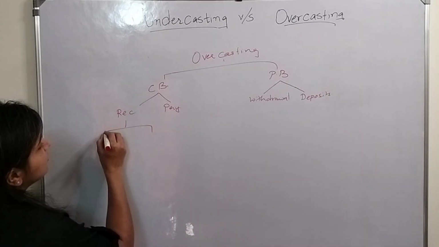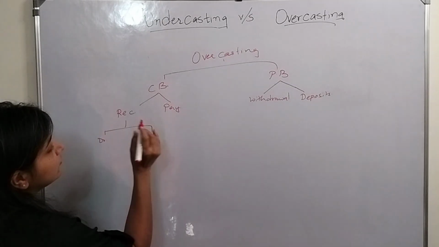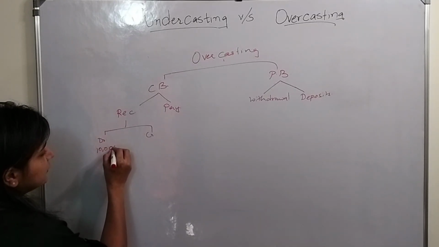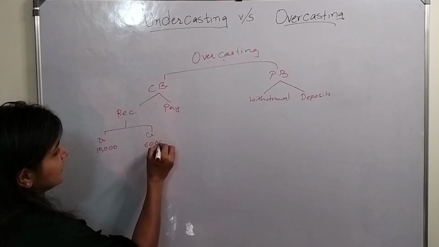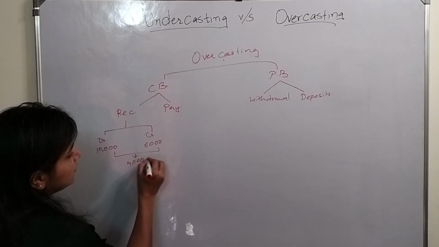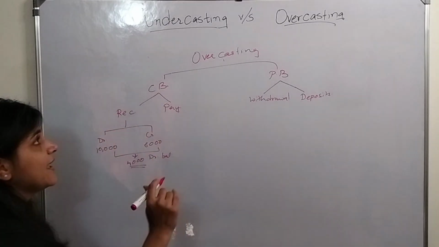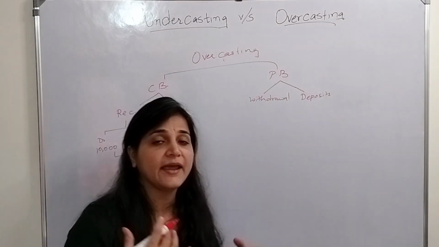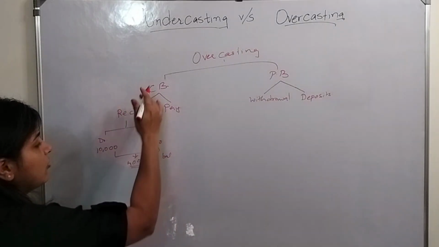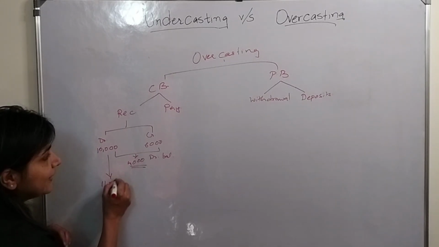Overcasting on the receipt side means my debit side is showing a higher amount compared to the credit side. Let's say the debit side should be 10,000 and the credit side 6,000, so my actual debit balance should be 4,000. But I have committed an error while calculating and overcasted the receipt side of the cash book: instead of 10,000, I have calculated 11,000.